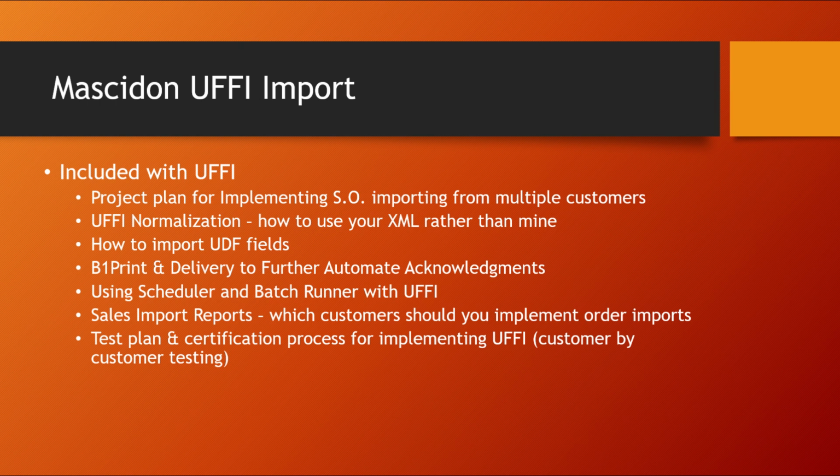And then I've got a series of actual programs that basically analyze your data and tell you which customers you should talk to about implementing order imports, because some you're doing a lot of work with and others you're doing very little work with. You want to get the most bang for your buck.